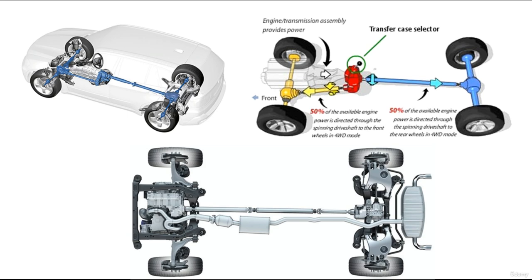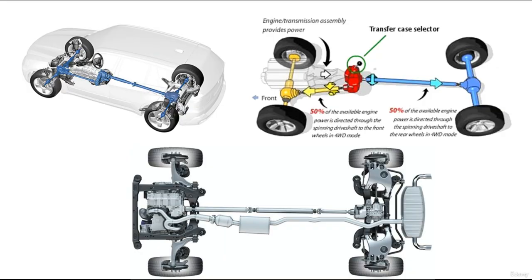When a car has all-wheel drive or four-wheel drive, the drivetrain is a modified front-wheel drive system. A modification includes a rear drive axle and an assembly that transfers some of the power to the rear axle.